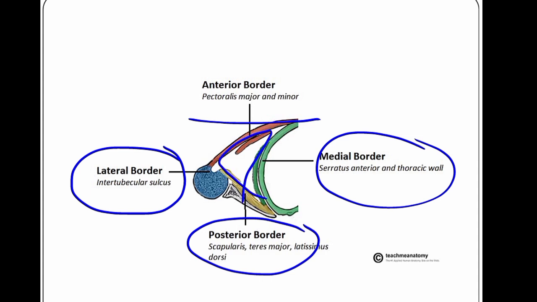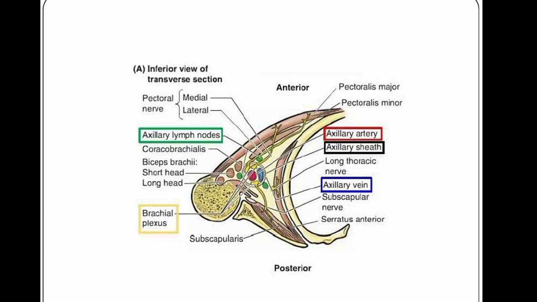Its contents: the axillary artery, which is basically the continuation of the subclavian artery, crosses this part and enters into the upper limb.